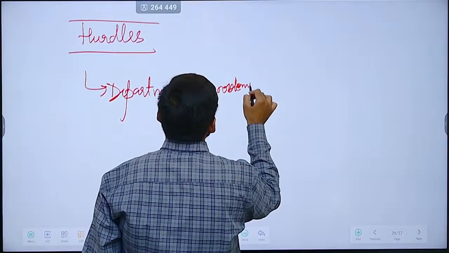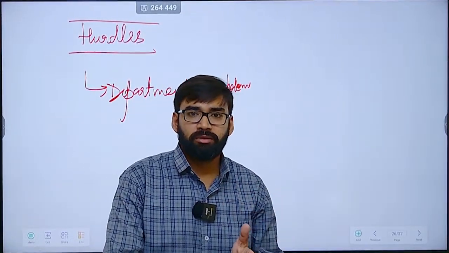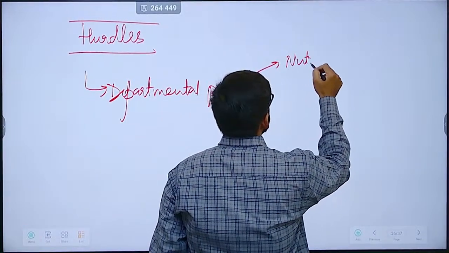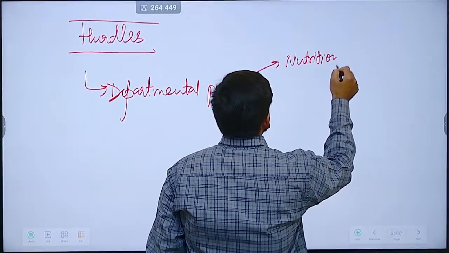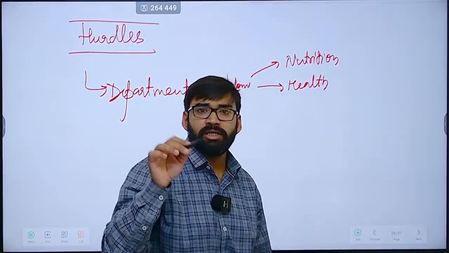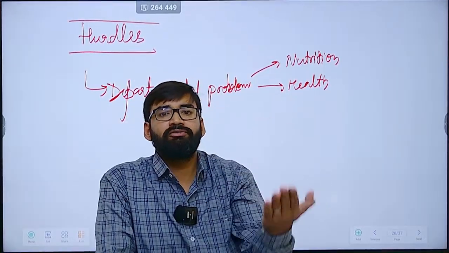You can mention nutrition, health, livelihoods. All these things, livelihoods, are interdependent but institutionally fragmented.